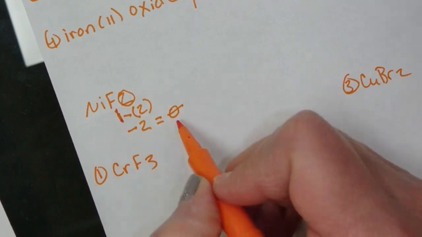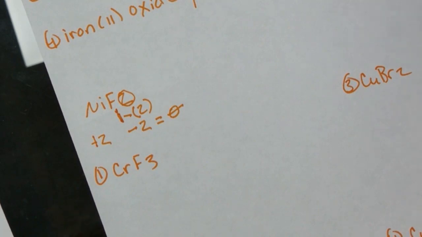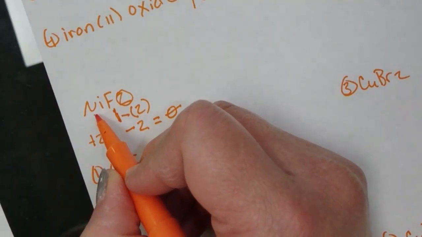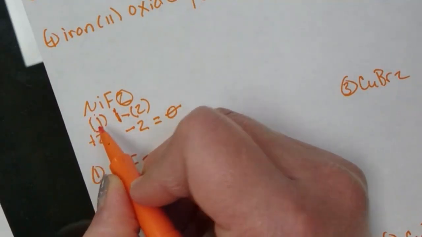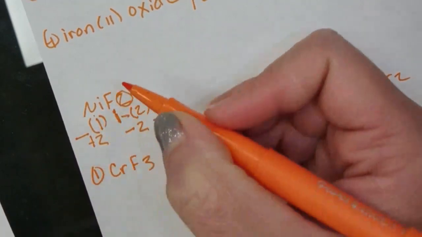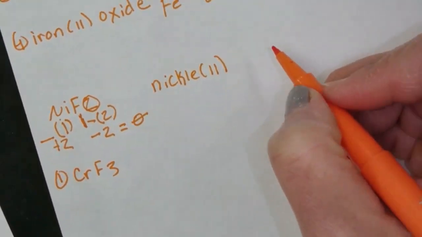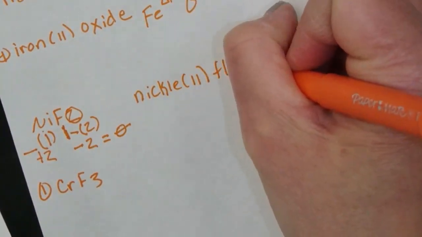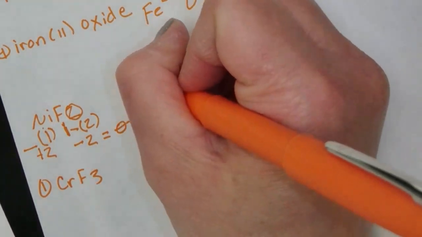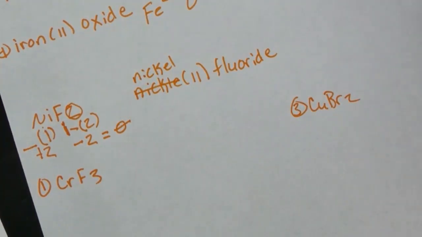So in order to make this overall neutral, I need a +2 total charge from the cation, in this case, nickel. How many nickels do I have? I have 1 nickel. So what times 1 is 2? 2. Nickel 2 fluoride.